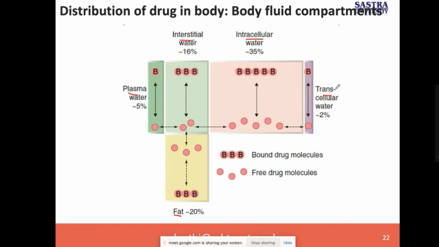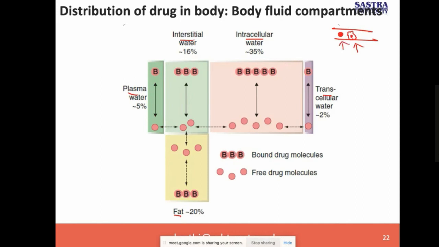I said that the drug molecule which is present in the blood can be present in two forms. One is the free unbound form, the active form. Another one is the inactive bound form.